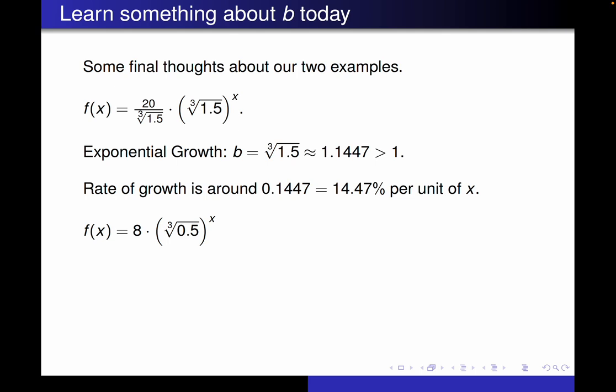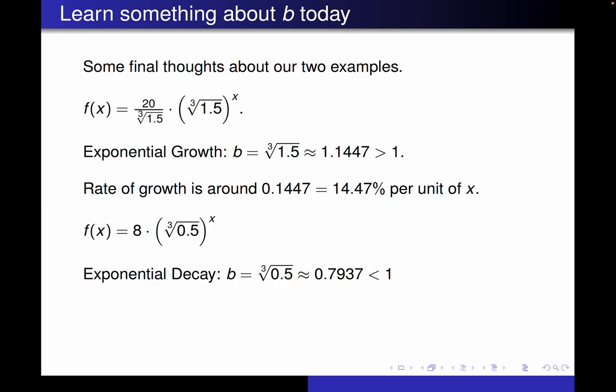We do the same thing with exponential decay. Remember our exponential decay problem, our b here was cube root of 0.5. And if we put that into a calculator, we get 0.7937. Again, not a surprise to us, that's less than 1, right? In our exponential decay examples, we got values of b that were less than 1.